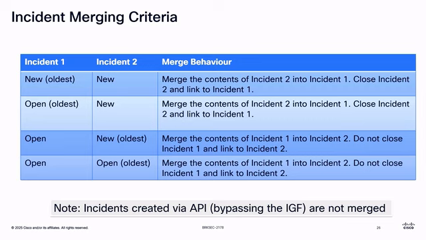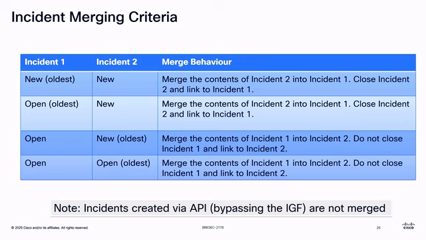The one note, I have to throw this out there because the API is there. If you directly create any incident via API, or any incident that bypasses the incident generation framework, which includes directly promoting native incidents or native detections, which is the next section, they will not be merged.